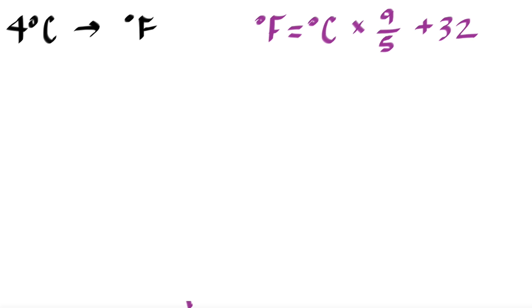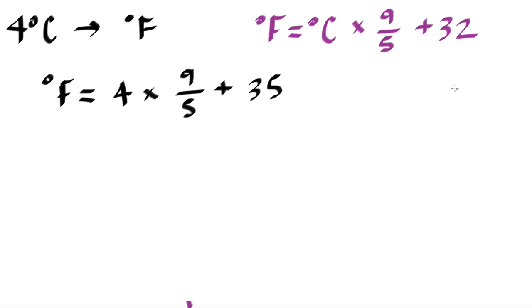Let's plug it in. What you want to do is use this formula here. So that's the formula. So we're going to say degrees Fahrenheit is equal, and we're just going to plug in 4 degrees, 4 times 9/5 plus 32. Here you have to think about order of operations, so please excuse my dear Aunt Sally.